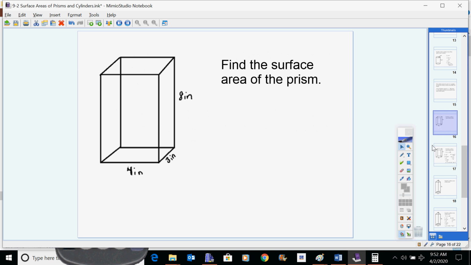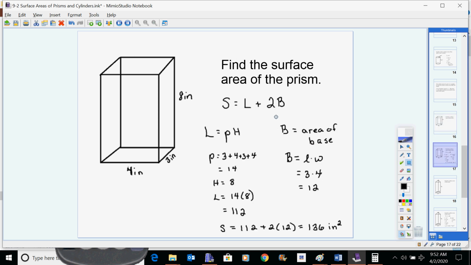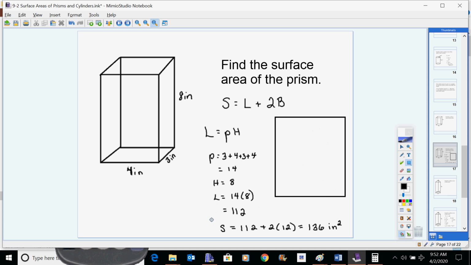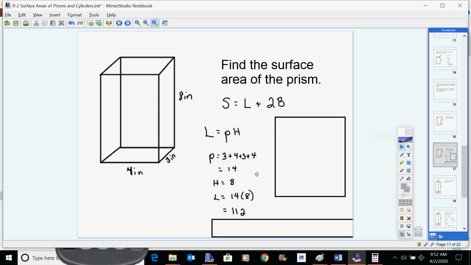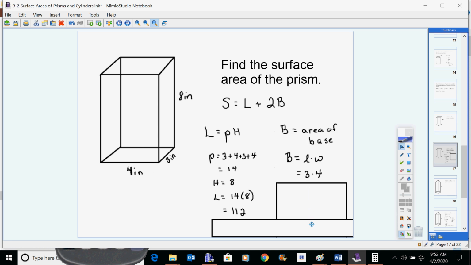So here we're back to our same original prism. We already found the lateral surface area, so I can just pop that right up there. That's L. Capital B is the area of the base, because we need to get this bottom piece and this top piece. This is a rectangle, so it's simply 4 times 3, length times width, which gives you 12.